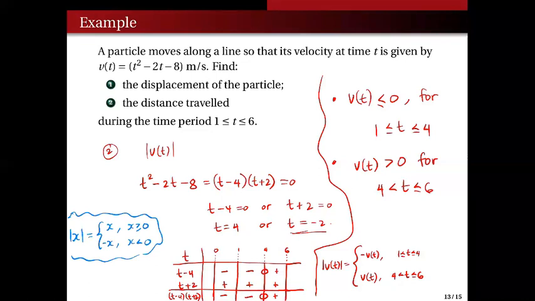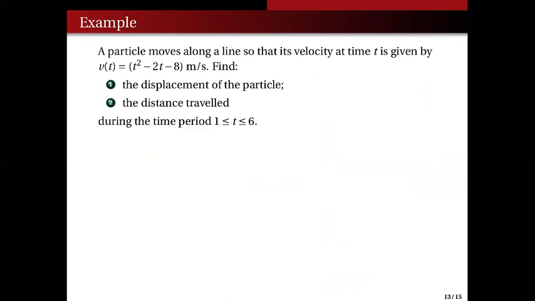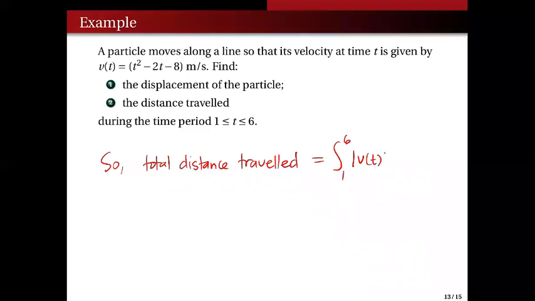So what now? If we want the total distance traveled, this is equal to the integral from 1 up to 6 of the absolute value of v of t dt.